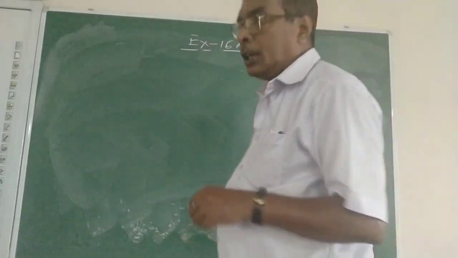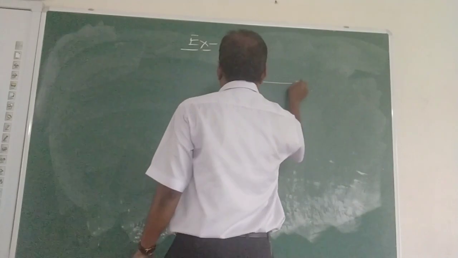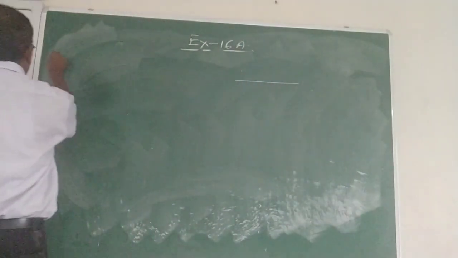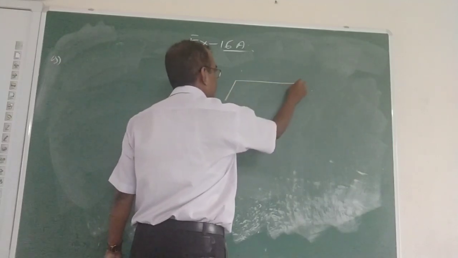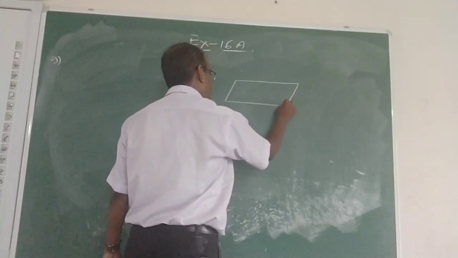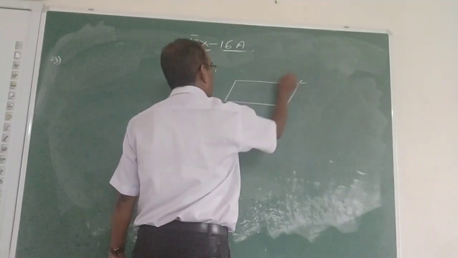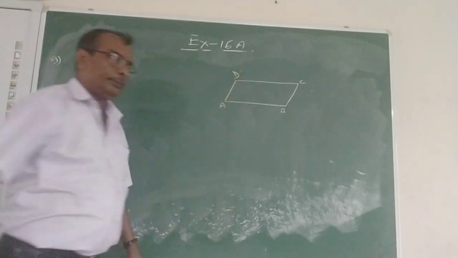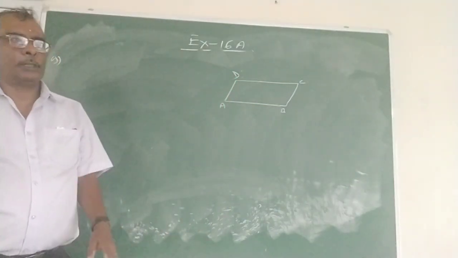In the adjacent figure, ABCD is a parallelogram. You should draw a diagram which looks parallel, that is, opposite sides should look parallel.